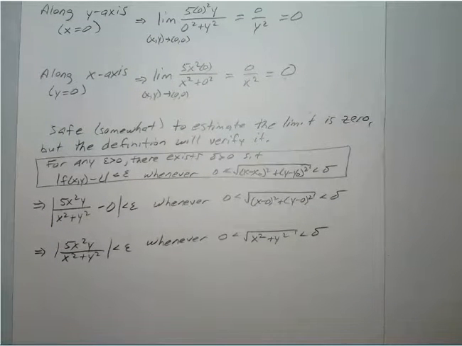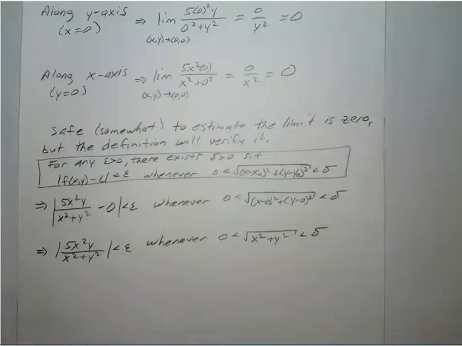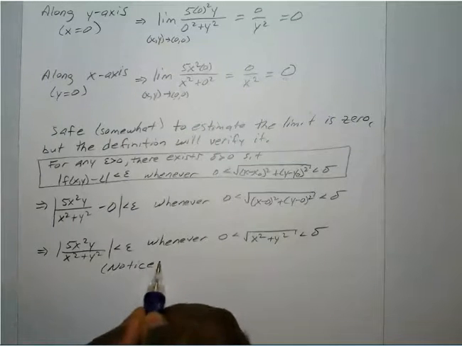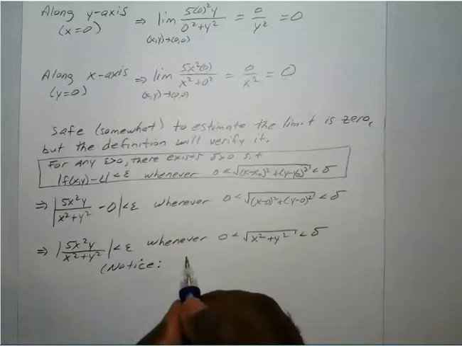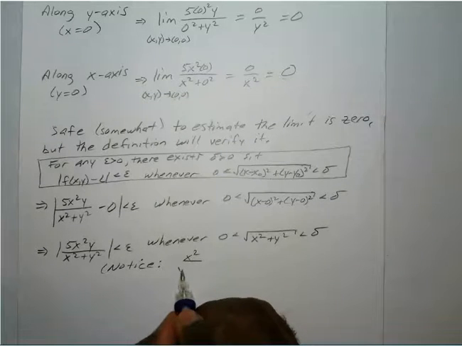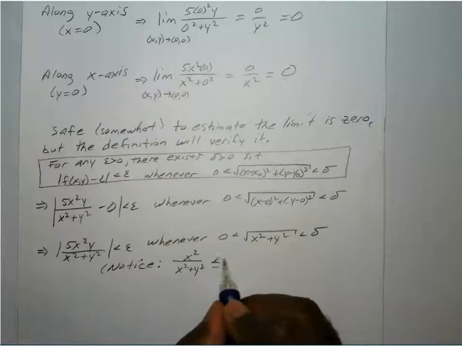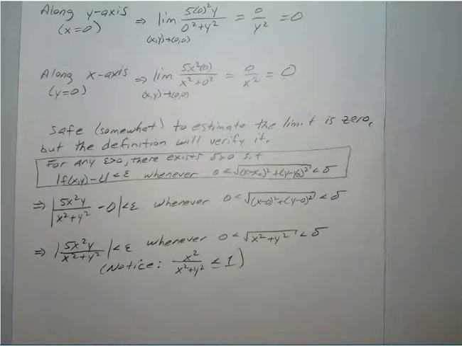Okay, so this step requires looking for little details. Now, what's the one thing you can notice? You can really go in various directions with this, but if we notice that x squared over x squared plus y squared is less than or equal to 1. Okay, like I said, just one of the things we noticed.